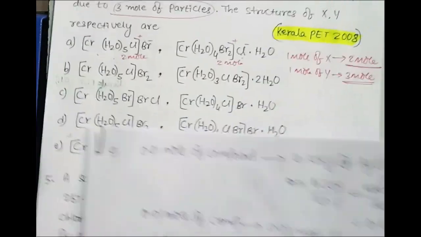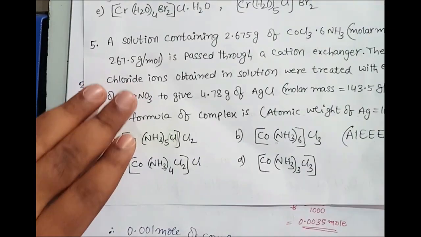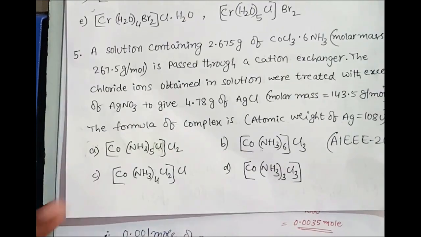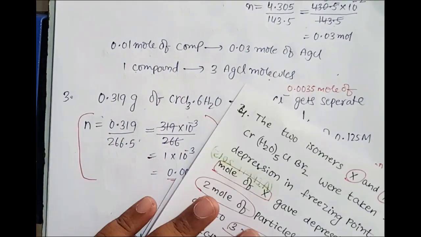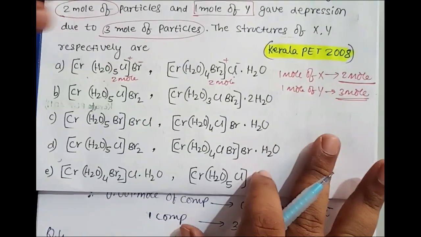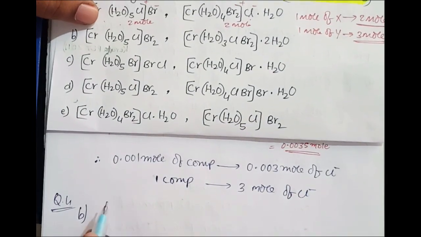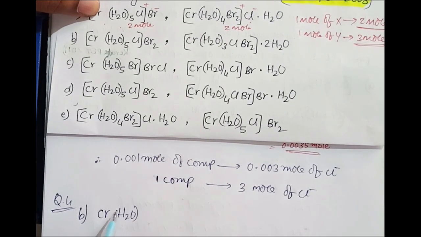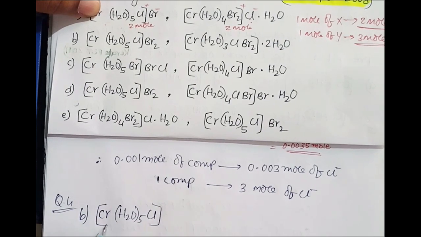If I want, I'll write it in detail also, so don't worry. Question number 4, option B. See how it will dissociate: [Cr(H2O)5Cl]Br2.